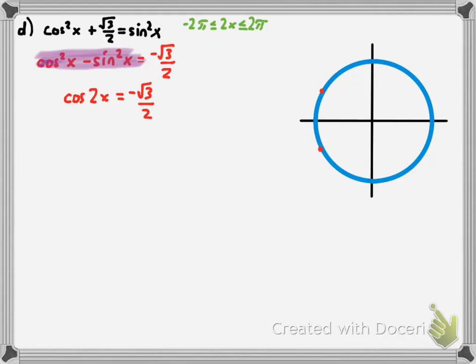Those values are negative 5 pi over 6 there, and negative 7 pi over 6 here. Now if you're looking positive from 0 to 2 pi, might have actually been an easier way to start, but they both work. This is 5 pi over 6. And of course this is 7 pi over 6.